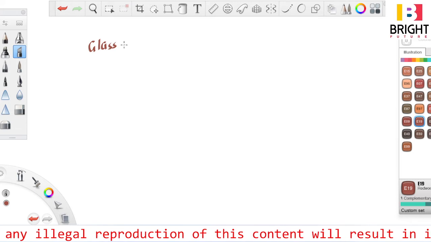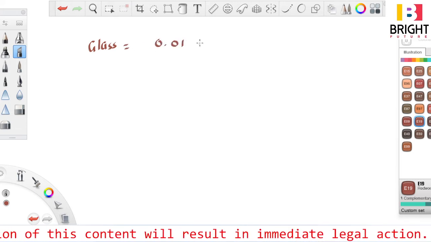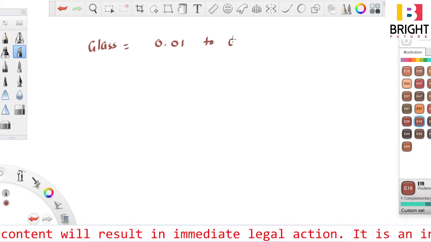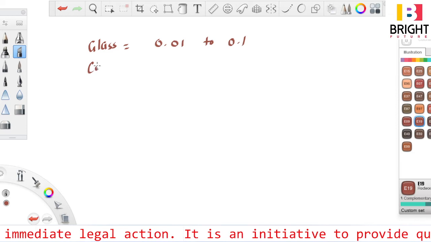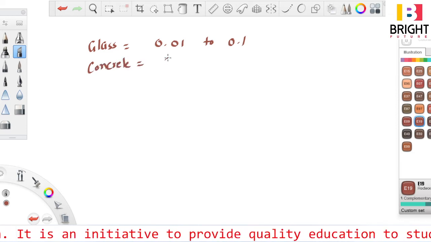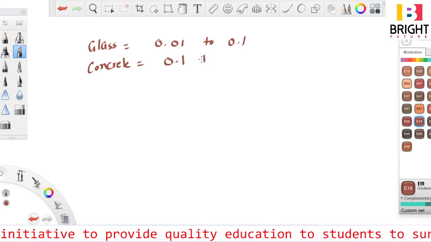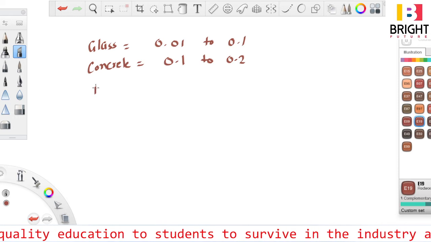The value of mu for glass varies from 0.01 to 0.1, and for concrete the value varies from 0.1 to 0.2.